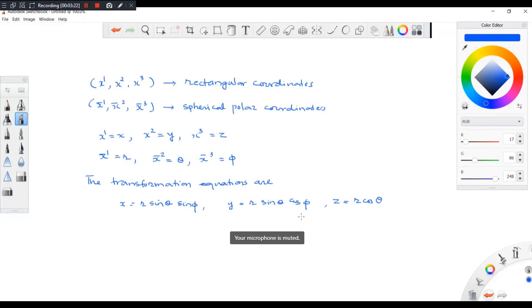So these are the transformation equations. Then you look to the first example. Here I just give some hint and then I will leave it for you.